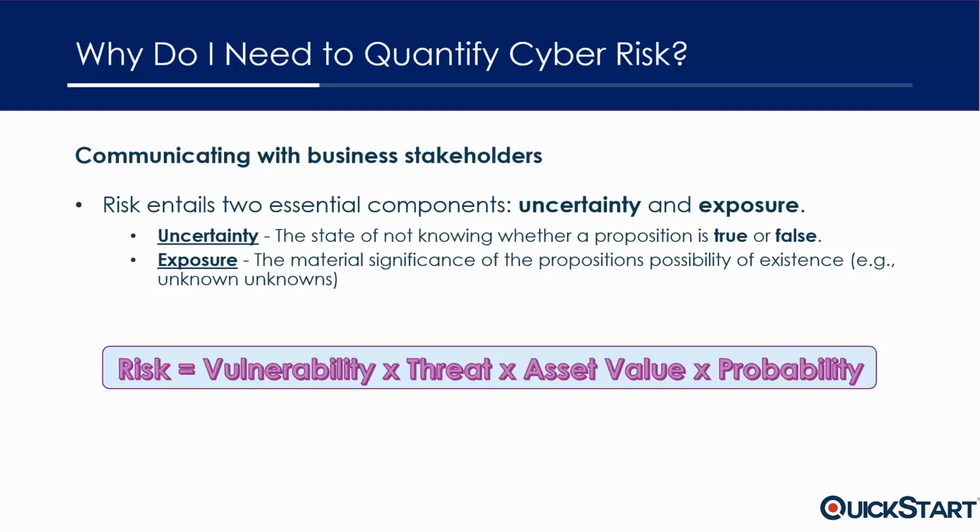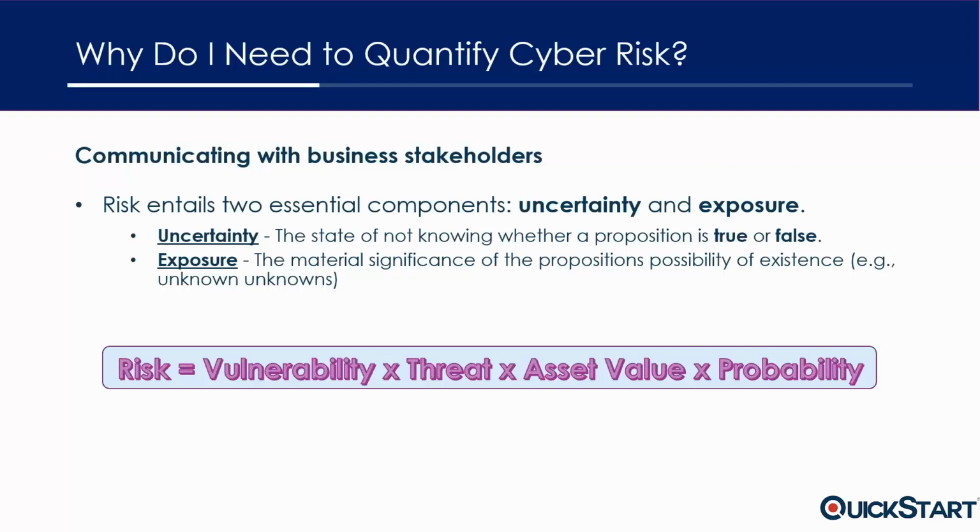That's what our job is: to provide best counsel. How we do that can be, depending on the size of the organization and other factors, somewhat complicated, but it really does boil down to two simple things. When you start wanting to measure and identify risk, what you're simply looking for is uncertainty and exposure. For uncertainty, we need to figure out if the risk we're trying to identify is true or false.